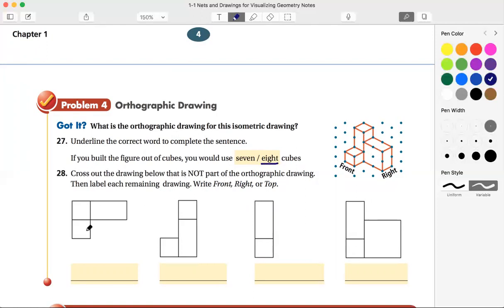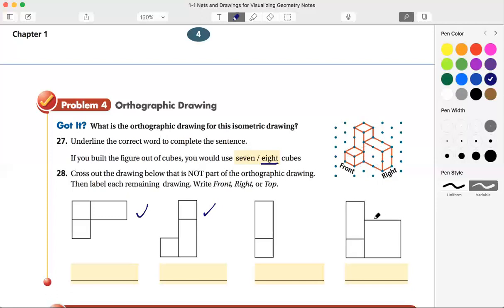Cross out the drawing below that is not part of the orthogonal drawing. Okay, so this figure, do we see this in there? Is that figure in there someplace? I think I'm seeing it. This one here looks to be right in this figure, so this is good. This is along the top here, so that's in the figure.